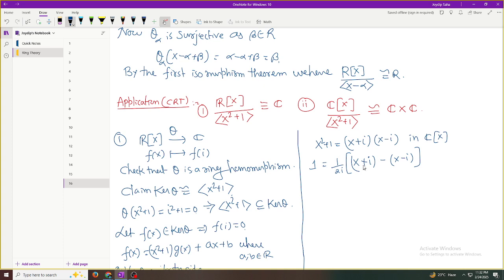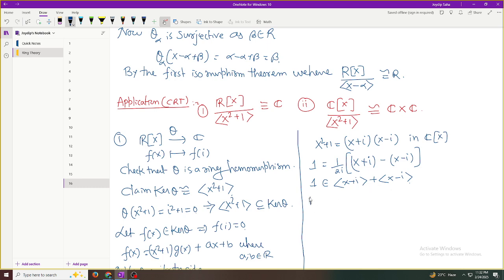Okay, so 1 belongs to the ideal generated by x plus i plus the ideal generated by x minus i. These are co-maximal.